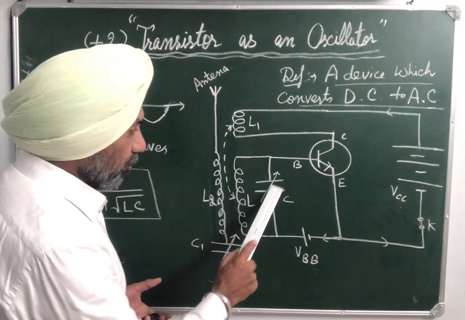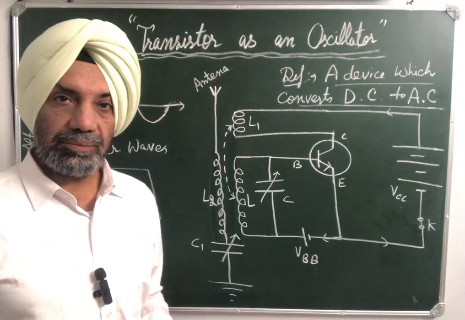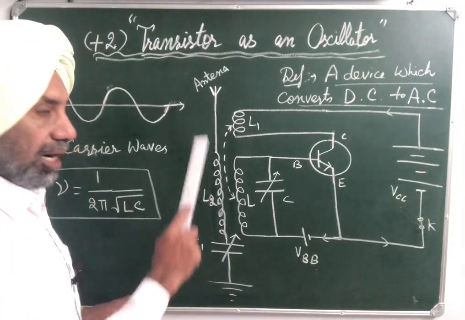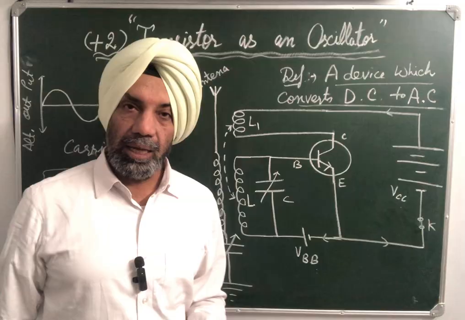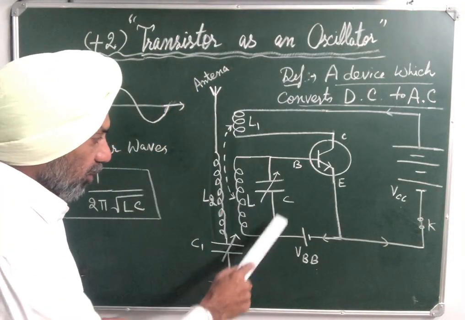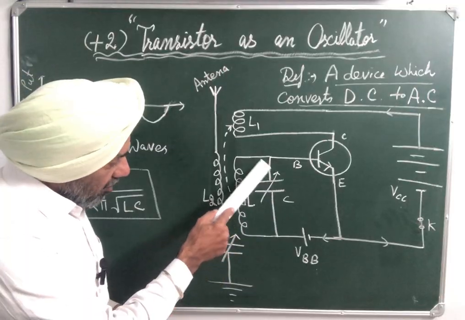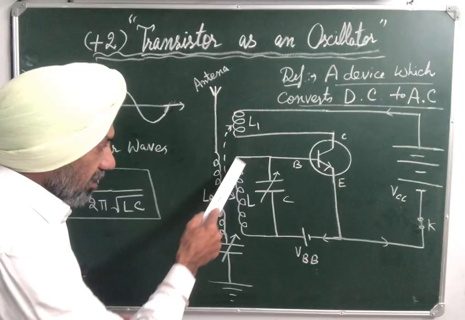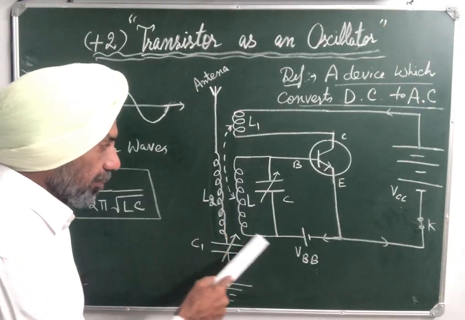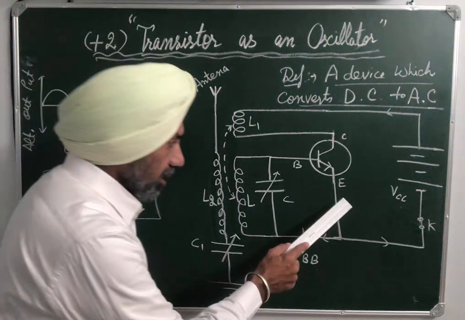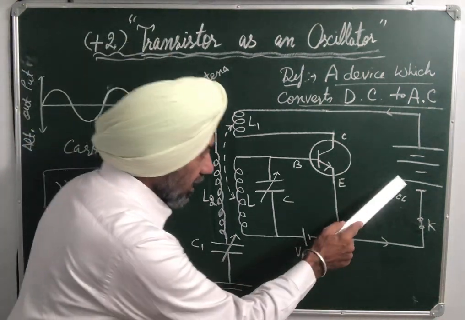When this capacitor gets fully charged, the mutual induction between L and L1 is cut off for a moment. At that moment, this circuit becomes free. The capacitor is fully charged, so it starts discharging through L. As soon as the capacitor starts discharging through this inductor, because this circuit is complete, the forward bias decreases. As a result, emitter current decreases, and as a result, collector current decreases.